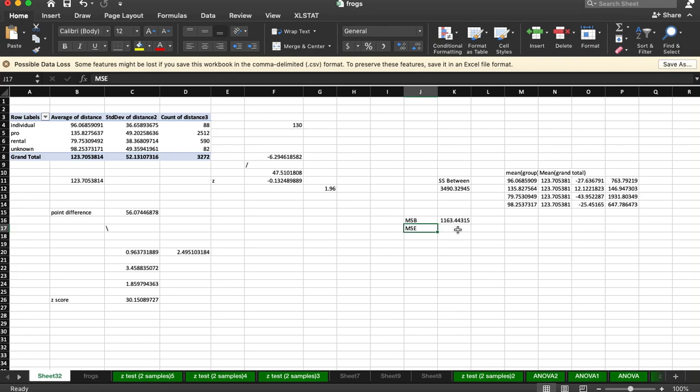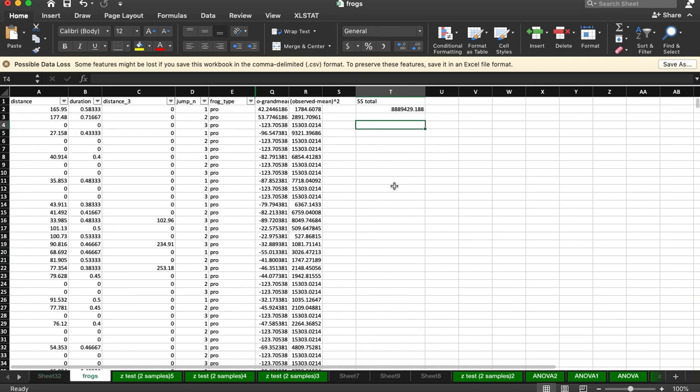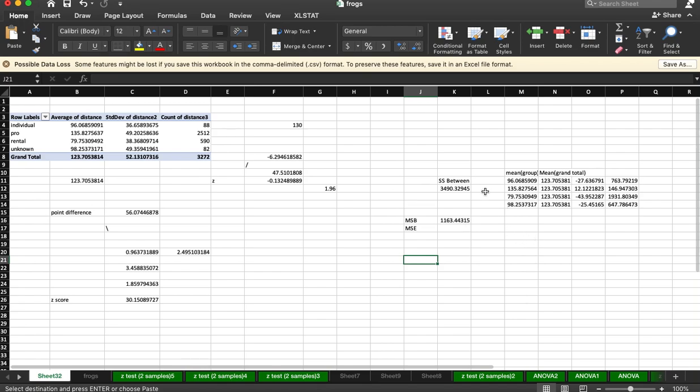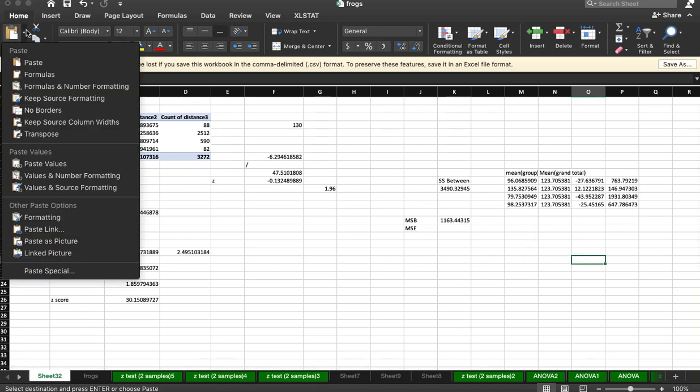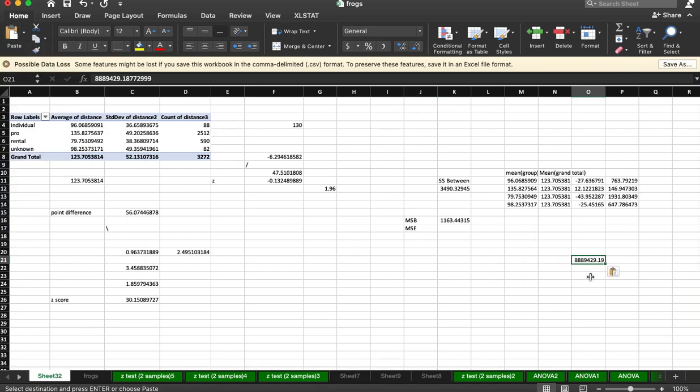To get our mean squared error, we will take our total sum of squares, just bring the value over here. So our sum of squares error is the total sum of squares minus the sum of squares between. So that number.